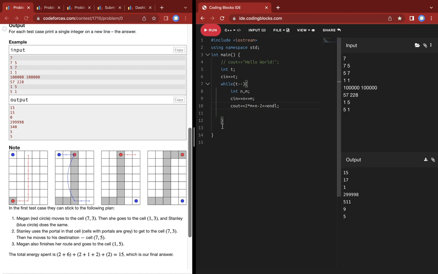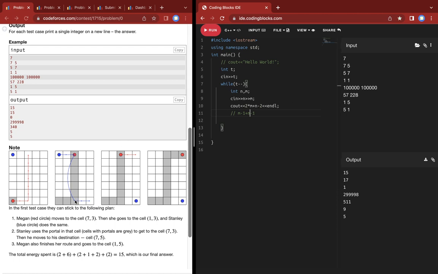So that would make it m, and for this guy it would be m minus 1 plus n, and that is exactly what I have done here. Basically m minus 1 plus n minus 1.